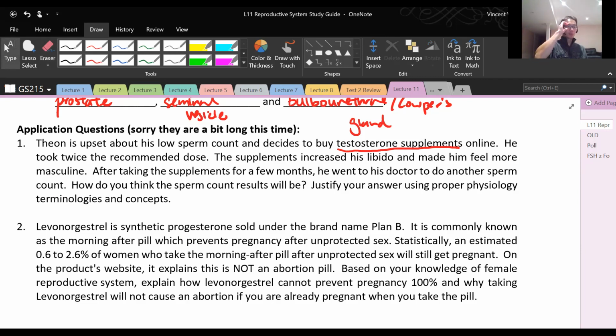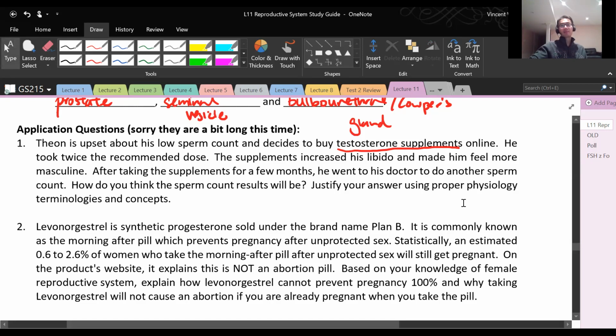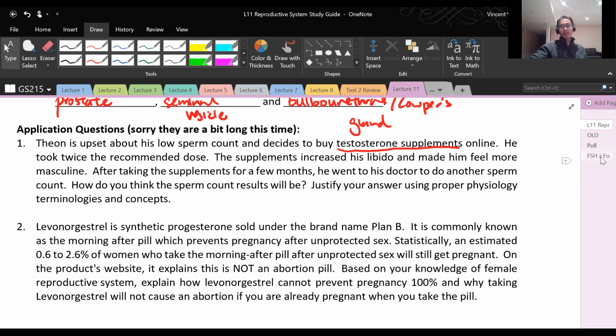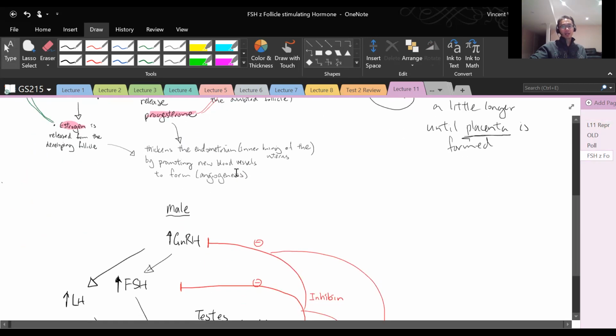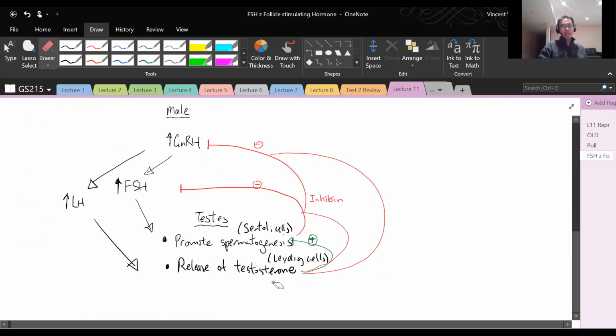That's basically what the question is asking. No, it wouldn't, because the testosterone decreases the GnRH release. Exactly.